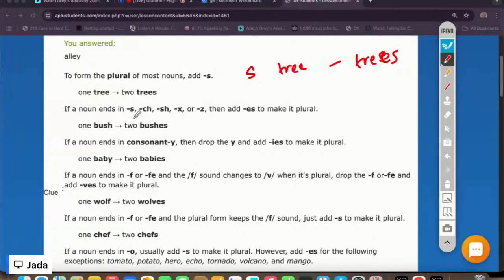So if a noun ends in s, ch, sh, x, or z, then you have to add es to make it plural.